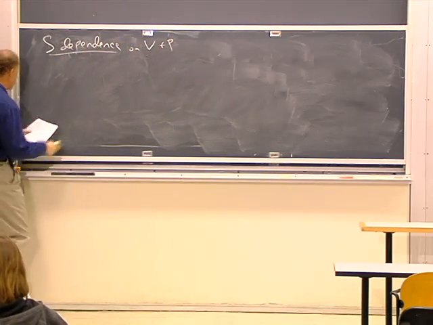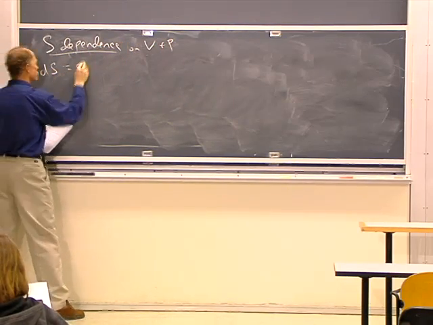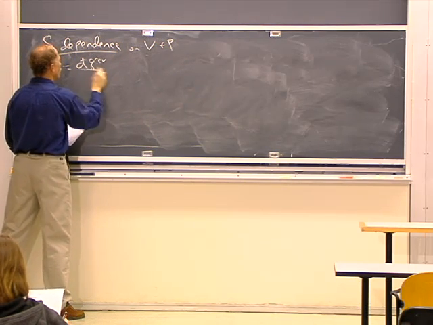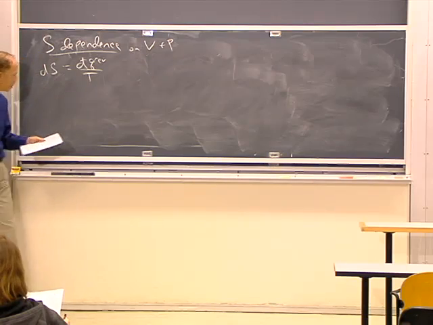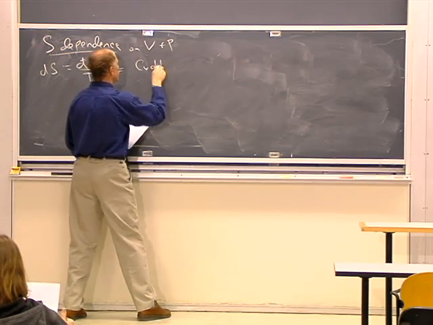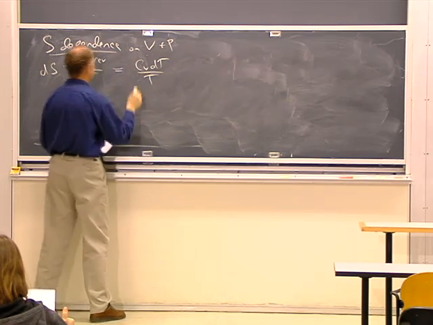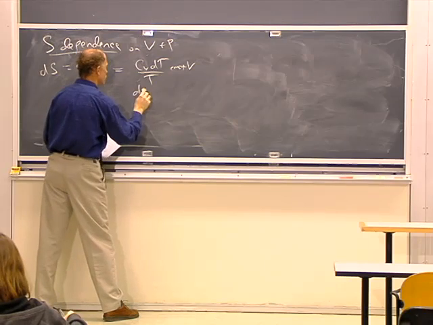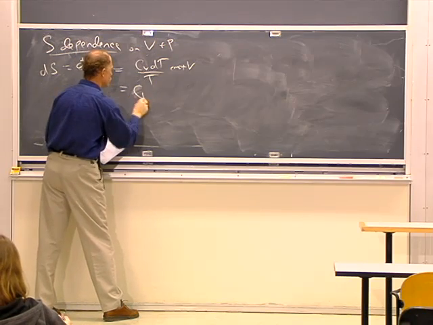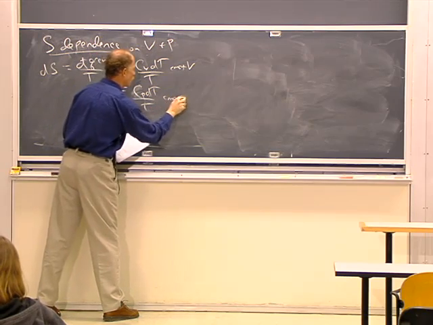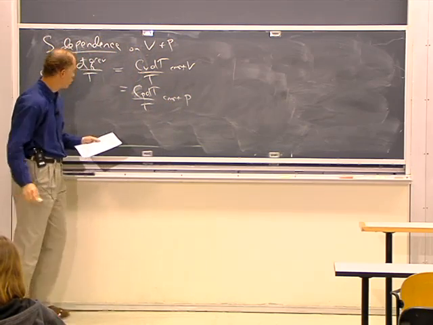We've already seen that dS is dq reversible over T, and it's Cv dT over T at constant volume. It's Cp dT over T at constant pressure.